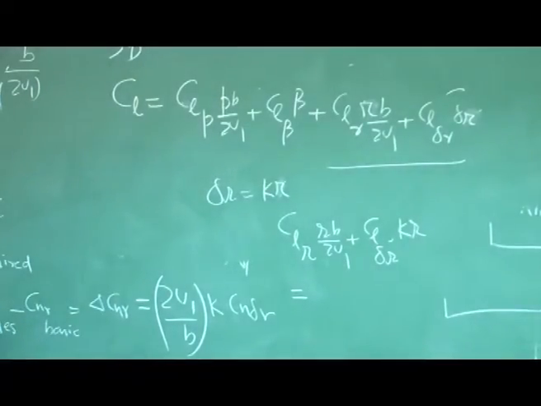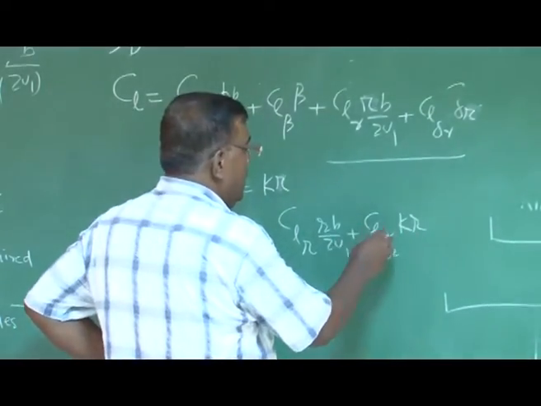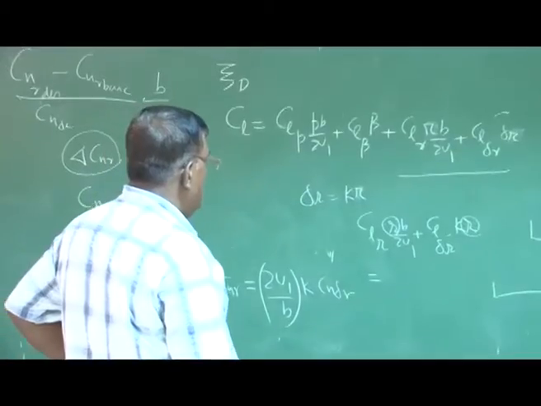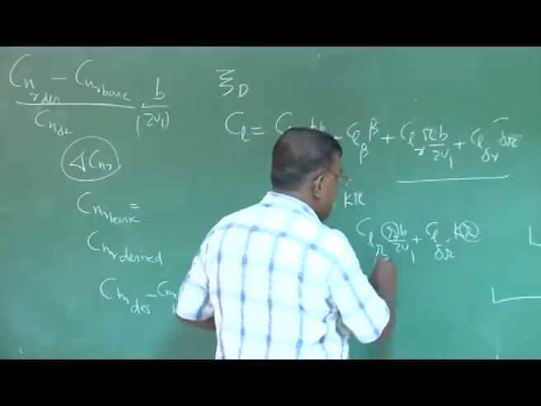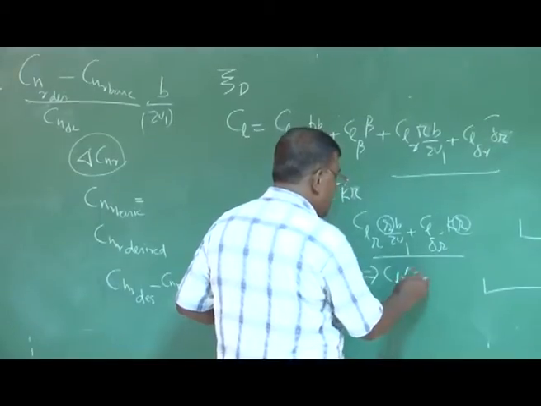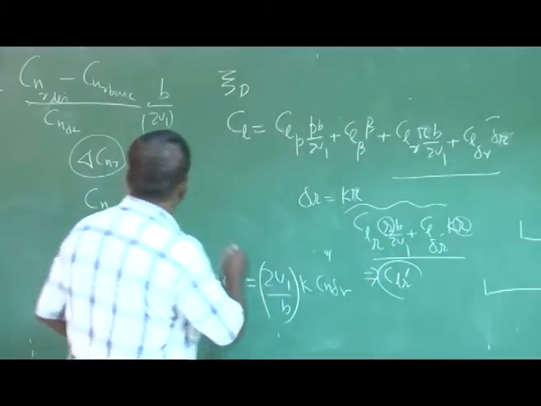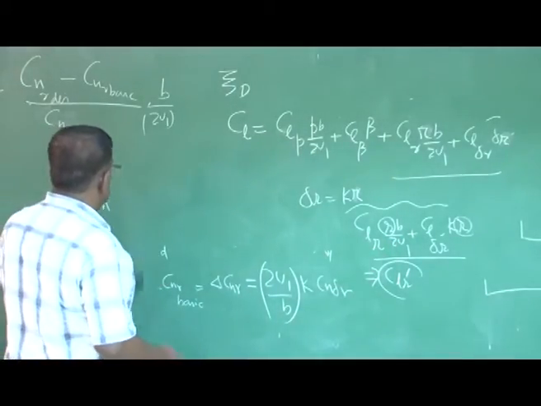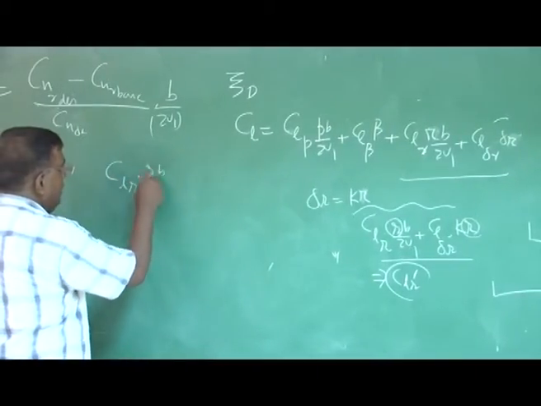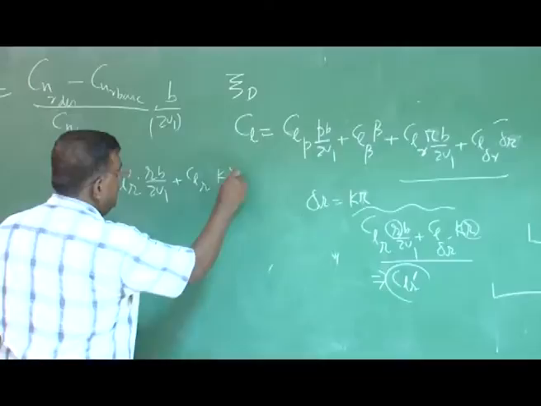So effectively what is happening? You see what is happening now? Now this CLR, the effective CLR, is getting modified, okay? So this CLR prime will be the sum of these two, and appropriately you take B by 2U1. So I write this as CLR into RB by 2U1 plus CL delta R into KR, okay?